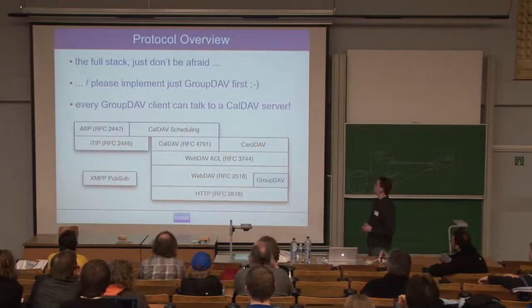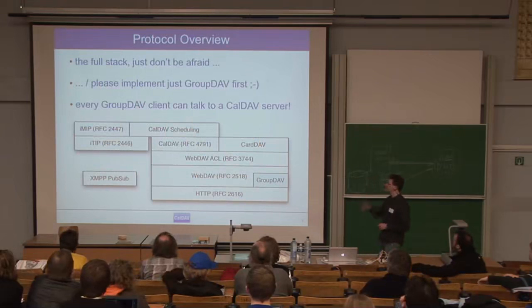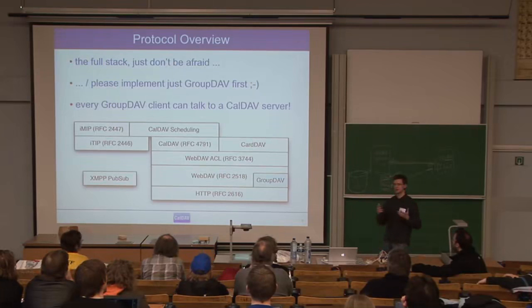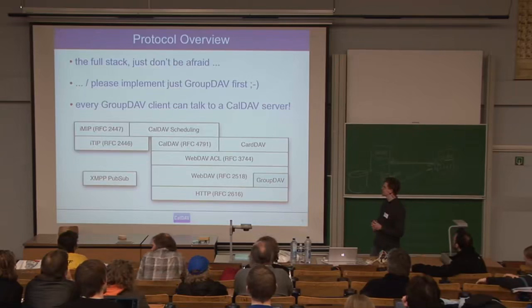A bit about the protocol. Actually, the whole stack is pretty complex, but you usually don't need that because CalDAV also targets web interfaces. So it has a lot of operations so that web interfaces can directly talk to a CalDAV server. That's not something I'm talking about today.